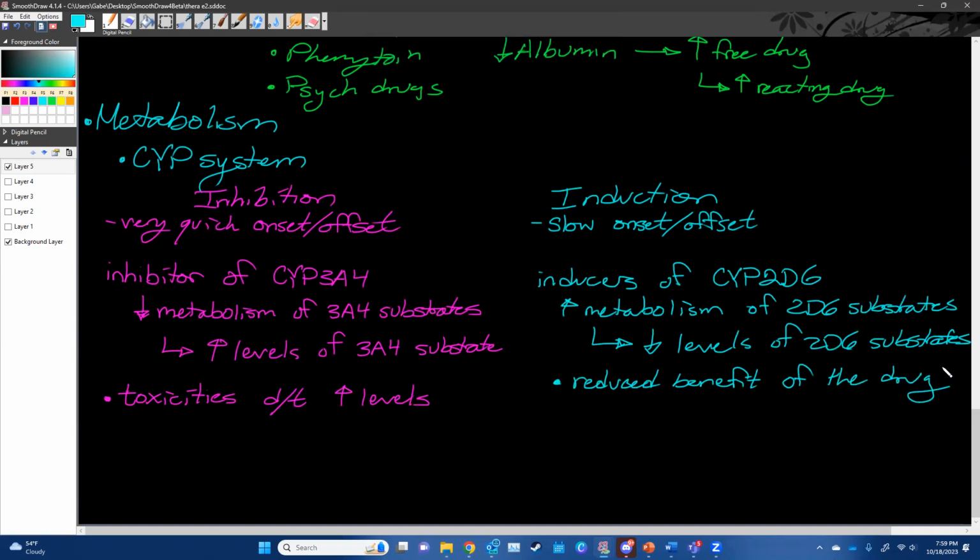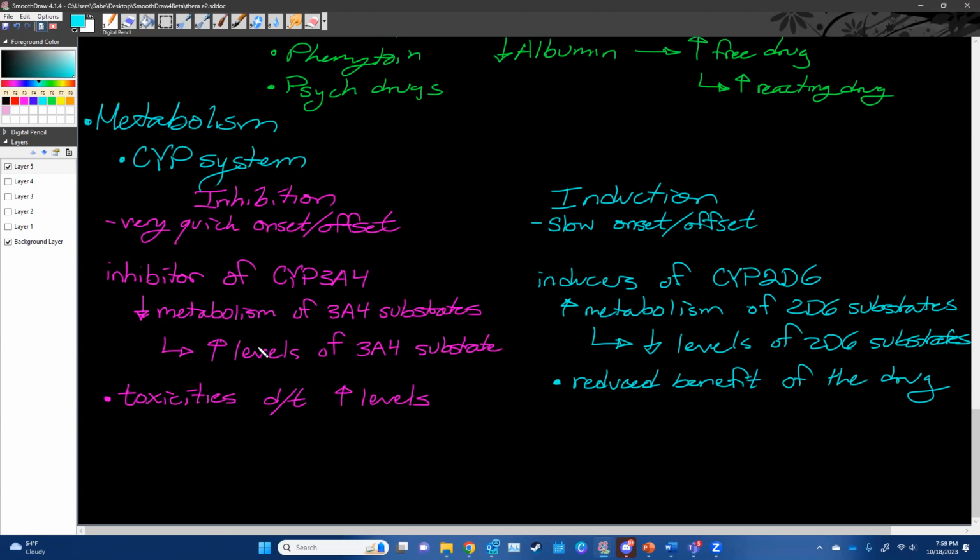So maybe you're taking a drug like warfarin to prevent stroke. Well, if you were to take warfarin and an inducer at the same time, that would mean that there's less warfarin hanging around, which would increase your likelihood of stroke. So when you think about induction, think about reduced benefit.